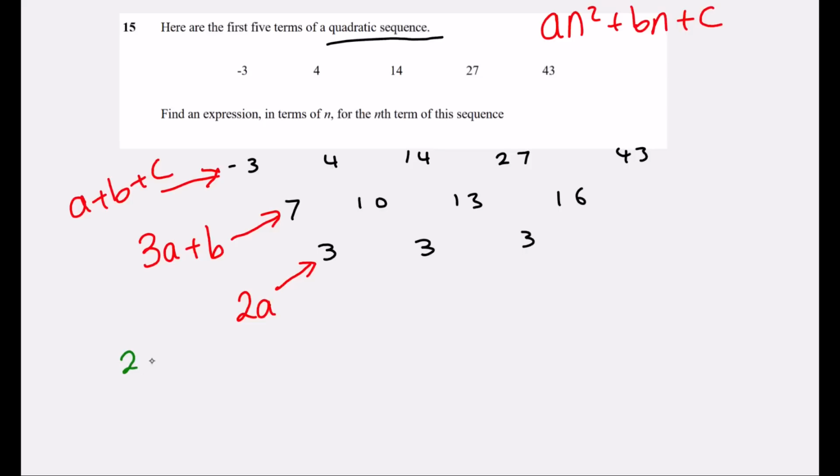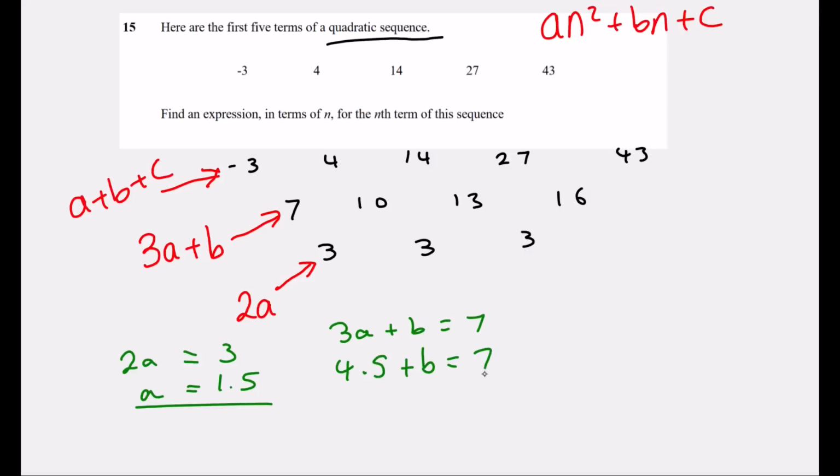If 2a is equal to 3, a must be 1.5. If 3a plus b is equal to 7, and a is 1.5, 3 1.5s are 4.5. So 4.5 plus b is 7. b must be 2.5.